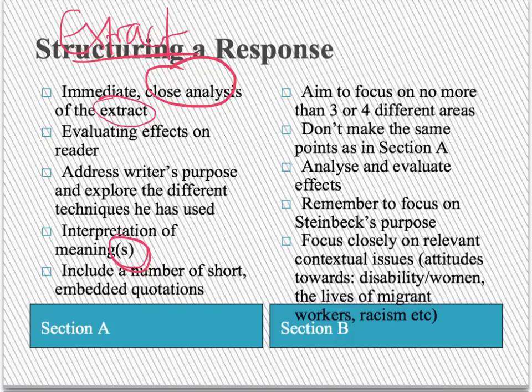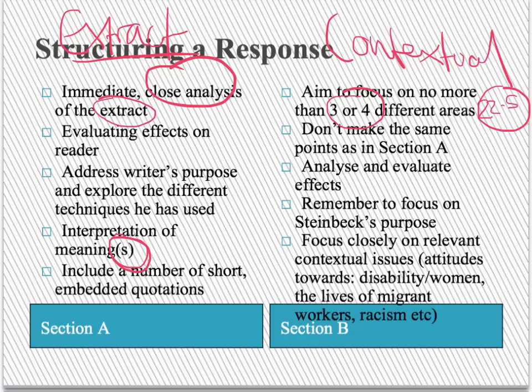Okay, so for section B, that is a more general, often contextual style question that will refer to the rest of the novel. I would advise my students to focus on no more than 3 or 4 different areas. This is a practical thing, really. Just remember, 22.5 minutes. How many points can you realistically make?